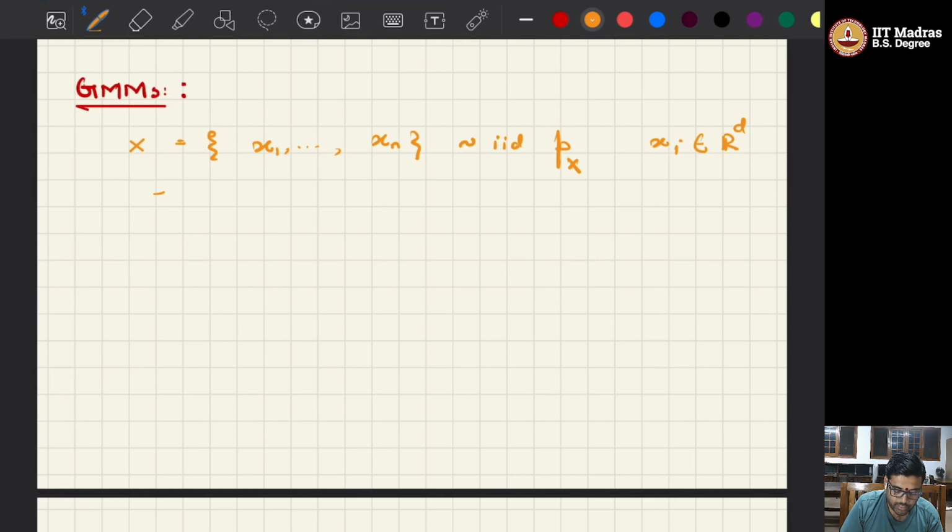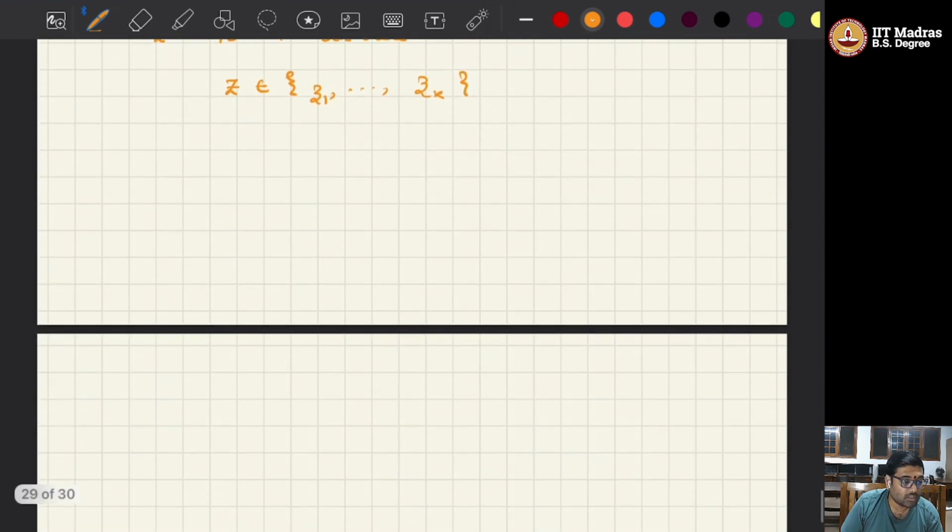And the latent that we are considering, Z, is a discrete random variable which takes values from Z1 till Zk. This is our assumption. Then for any given point xi, it is a combination of some Gaussians.